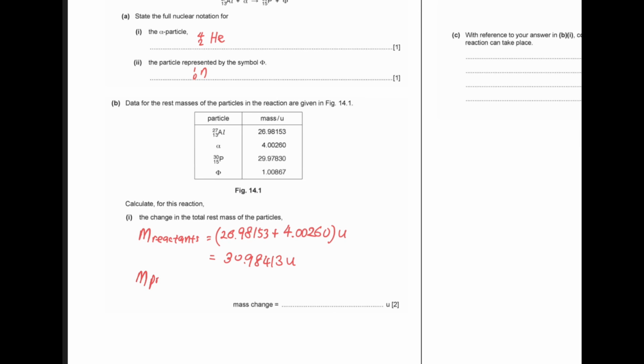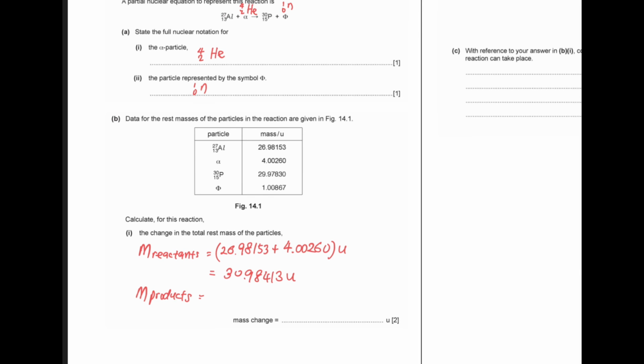The mass of the products, we have phosphorus-30, which is 29.97830, plus the phi, which is the neutron, in terms of U. Okay, so we add this up, and we have 30.98697 U. So from here we realize that the product is heavier than the reactants.